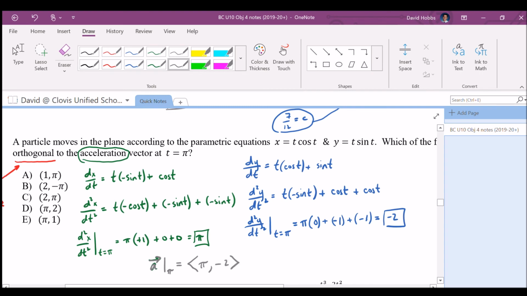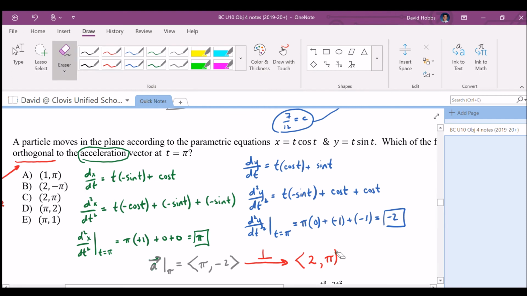They are asking for orthogonal, so we want perpendicular to that. Now, acceleration, this is really a delta x and a delta y. So the slope is -2 over pi. So if I want perpendicular, opposite and reciprocal, so I'm going to have 2 and a pi.